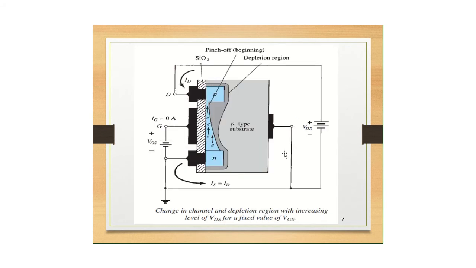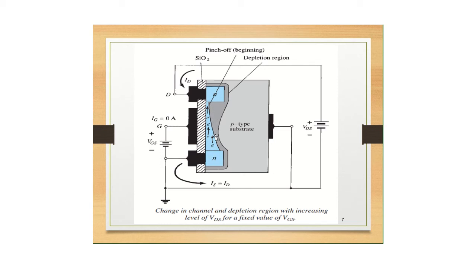Now there are different cases. Let's observe case number 1, when VGS is greater than VT. That is, if the voltage applied across VGS is greater than the threshold voltage, what happens? That means there is already a channel, right?